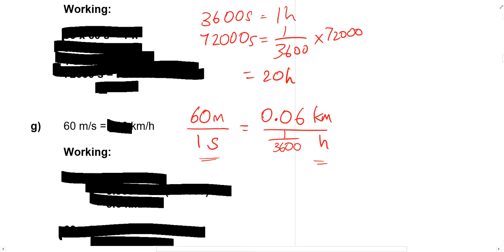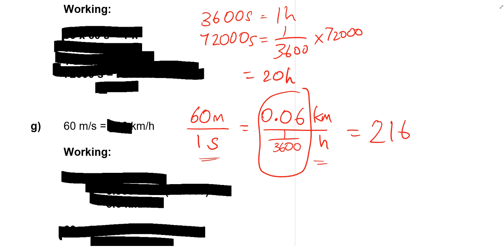So, calculator. I want all of you to practice using your calculator right now. I don't know whether you all even know how to use your calculator properly or not. So what's the value? 216. Anybody else got any other answers? Are you sure?